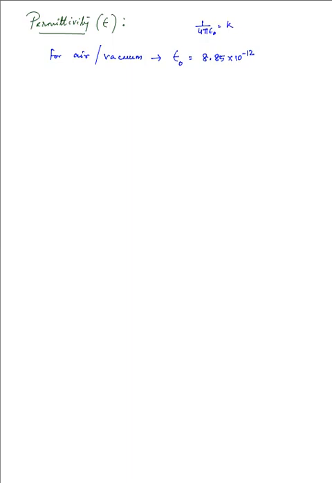So if K has a unit of Newton meter square per Coulomb square, then epsilon naught, with 4 pi having no unit at all, will have the unit exactly the opposite, that is Newton inverse meter raised to the power minus 2 Coulomb squared. There it was Coulomb to the power minus 2, here it is Coulomb squared. Now this is the permittivity for air or vacuum.